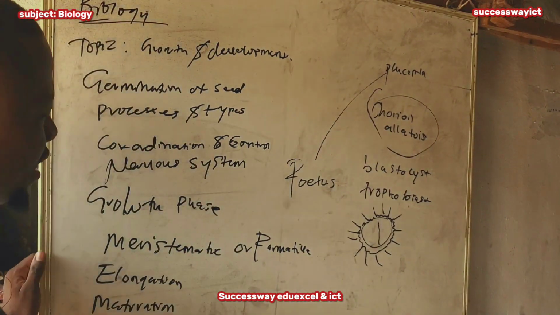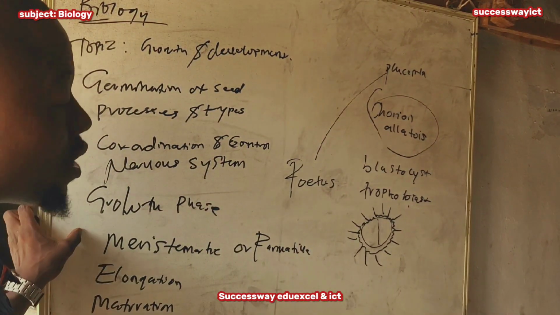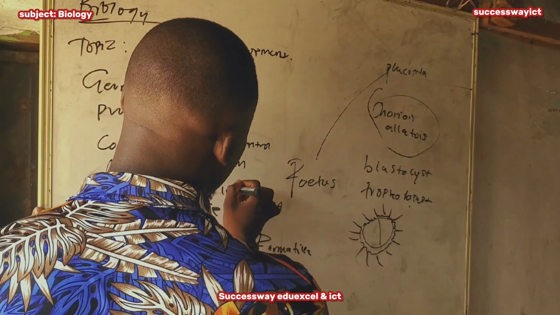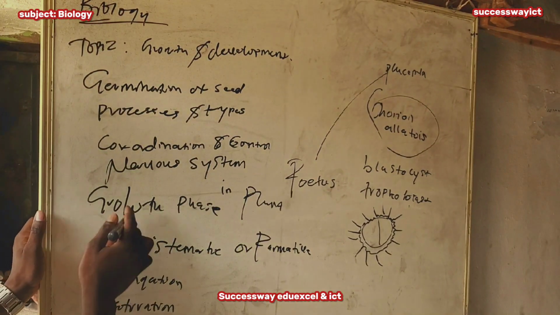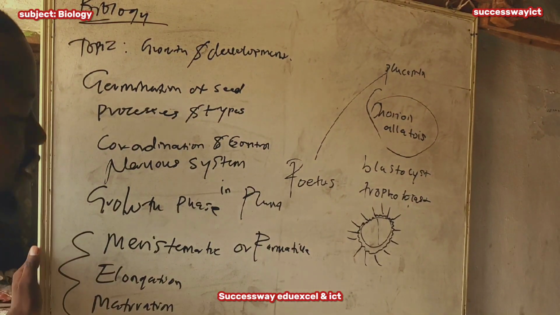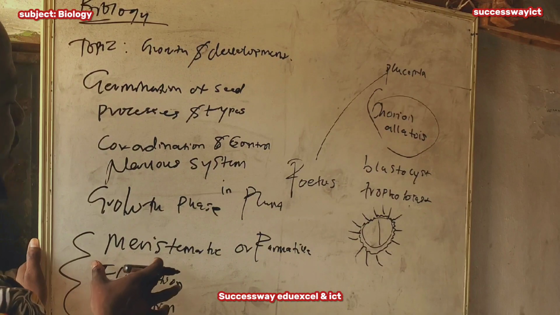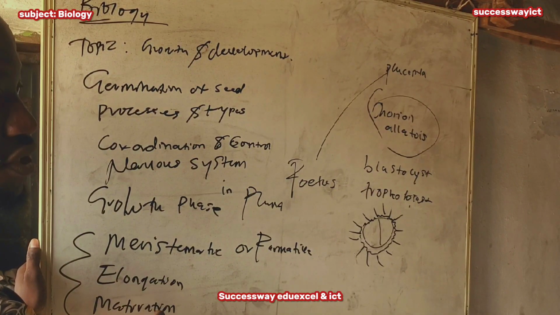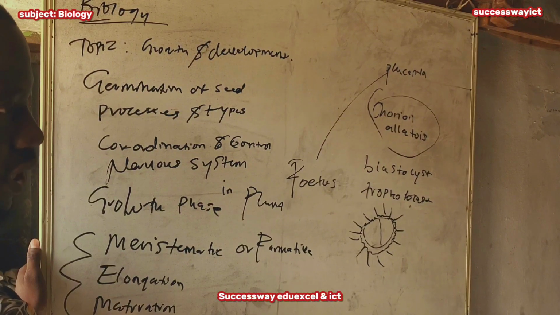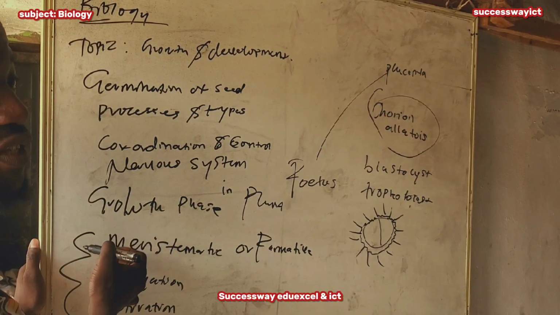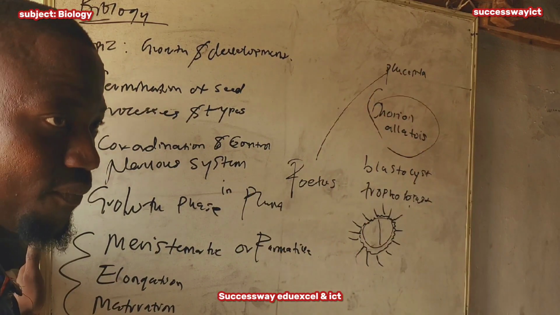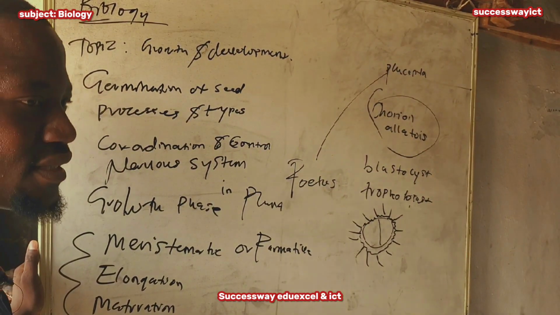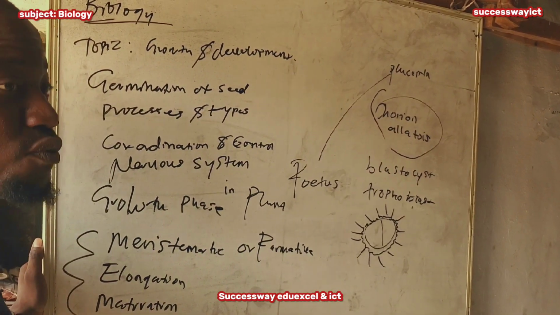Are we together? Every living organism, okay, our emphasis is plants now. Every plant must undergo these three phases. One is meristematic phase, another is elongation phase, and lastly is what? Maturation phase. Once a plant undergoes these phases, they will start growing. Are we together?